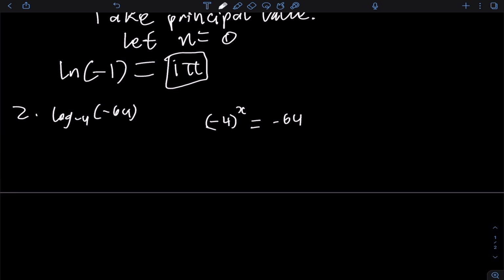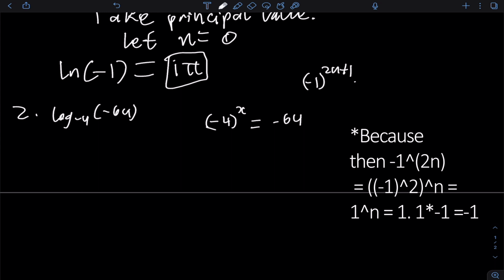Now the first thing we notice is that 4 to the power of 3 is 64 indeed. And if we have some -1 to the power of an odd power, which 3 is an odd number, that will always yield -1, because you have -1 to the 2n times -1 to the first power. This will be 1, and then 1 times -1 is always -1.